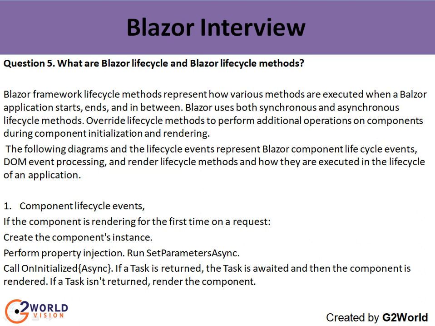If the component is rendering for the first time on a request, create the component instance, perform property injection, run SetParametersAsync and call OnInitializedAsync. If a task is returned, the task is awaited and the component is rendered. If a task isn't returned, render the component.